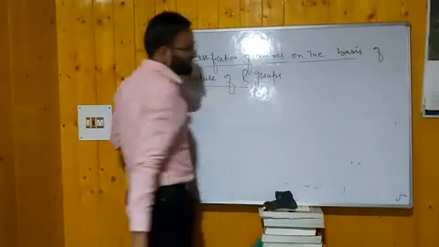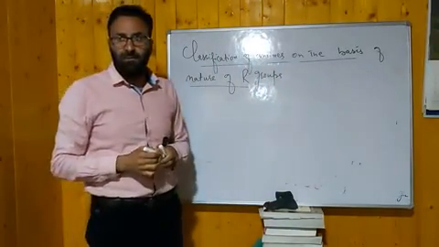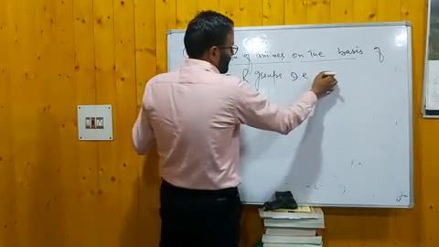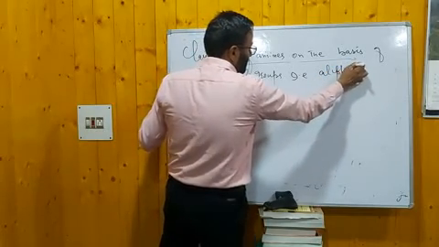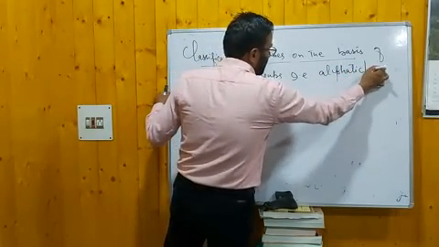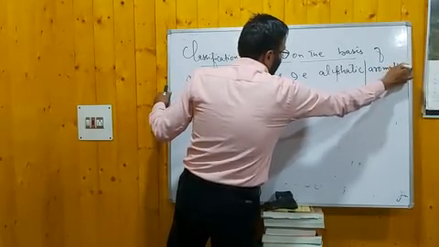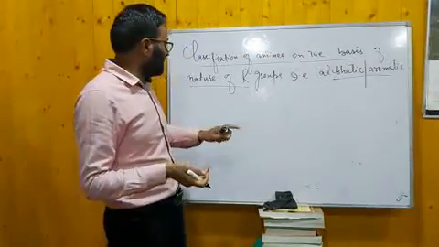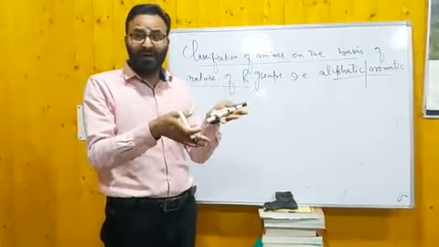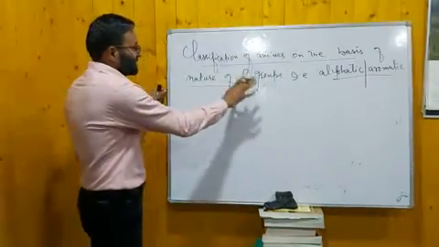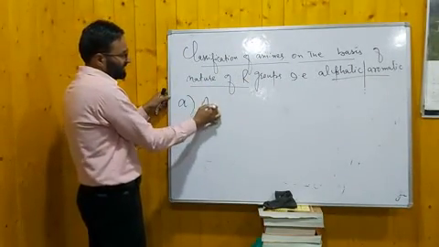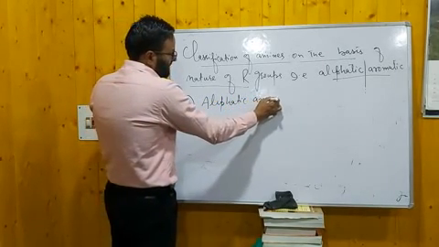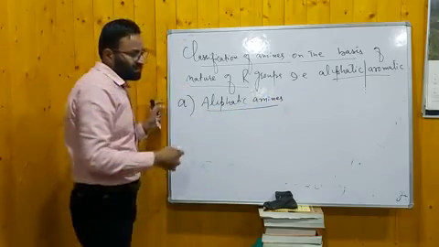We have to discuss classification on the basis of nature of R groups, that is, whether the R groups are aliphatic or aromatic. On this basis, we have 2 classes. The first class of this category is aliphatic amines.